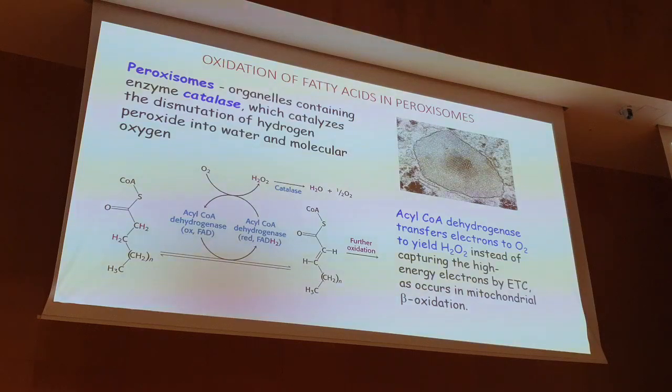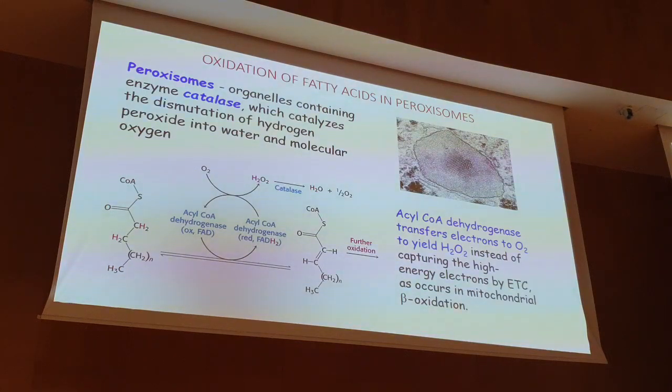So peroxisomes contain catalase, you know that already. But they can use that catalase to break down long-chain fatty acids. And babies that are born with peroxisome deficiencies, or something wrong with the peroxisome, will also show symptoms of the inability to break down fatty acids.